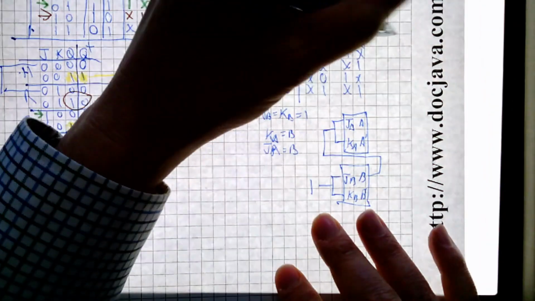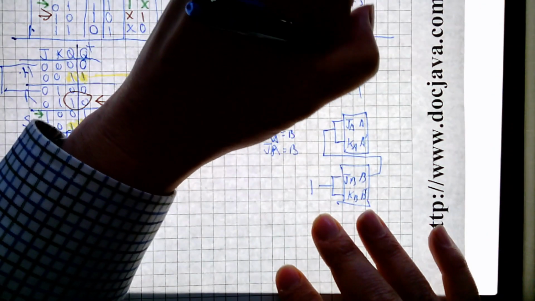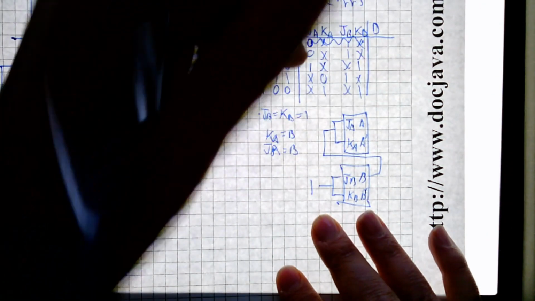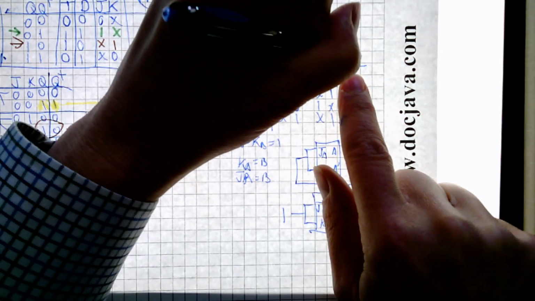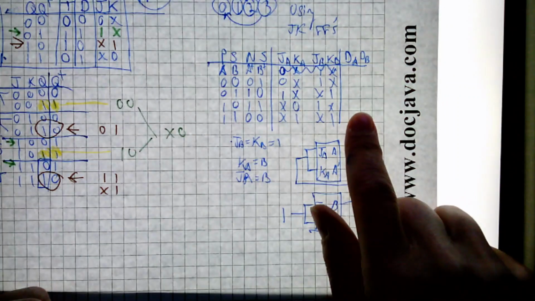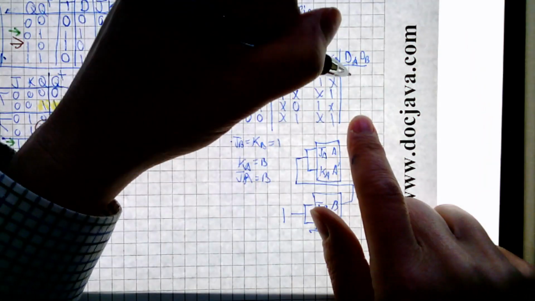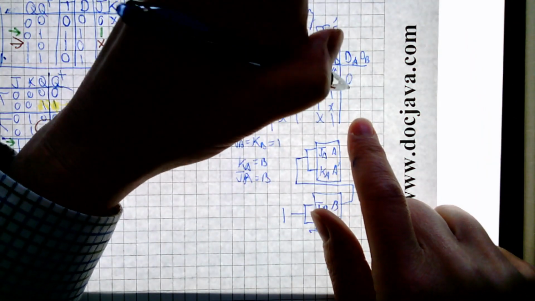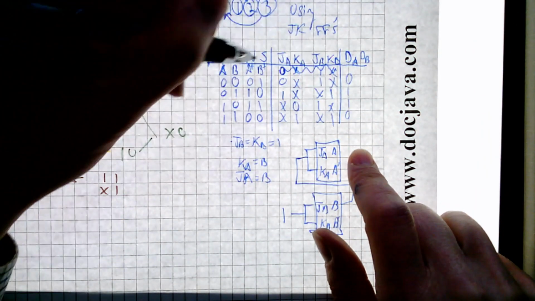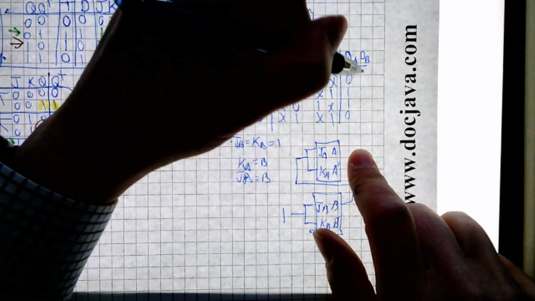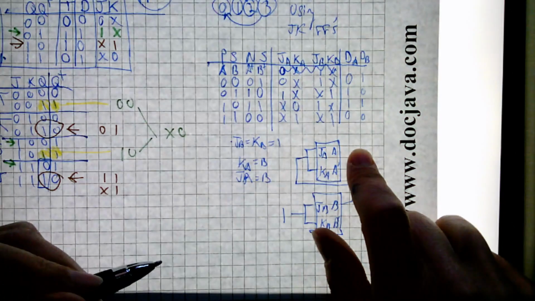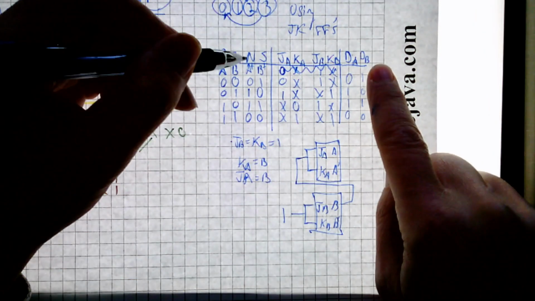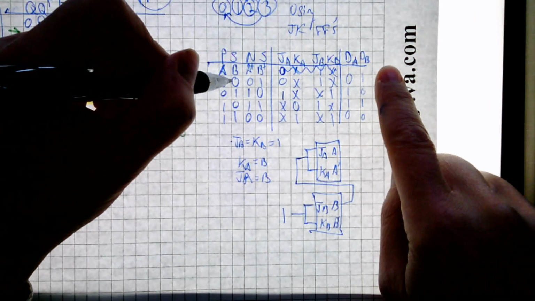Let's assume we went to a D flip-flop. We'll call it D sub A and D sub B. Right? And then we just write out 0, 1, 1, 0, because that's what we have for next states, and 1, 0, 1, 0. So now it's clear. D sub B is equal to B prime, so that's okay.